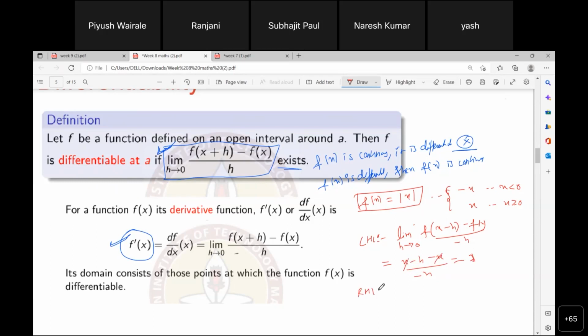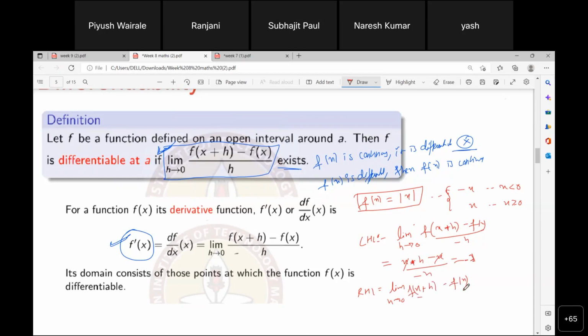Now the right hand limit, h tends to 0, f of x plus h minus f of x.